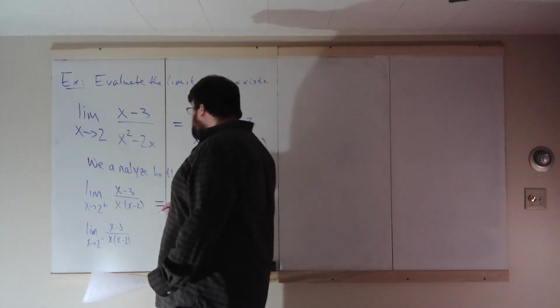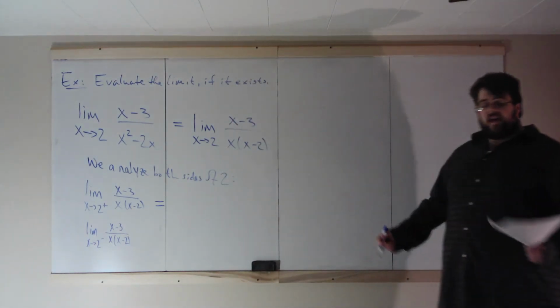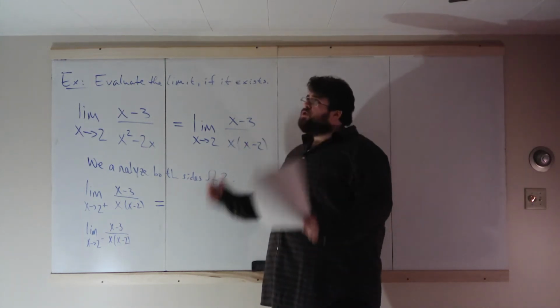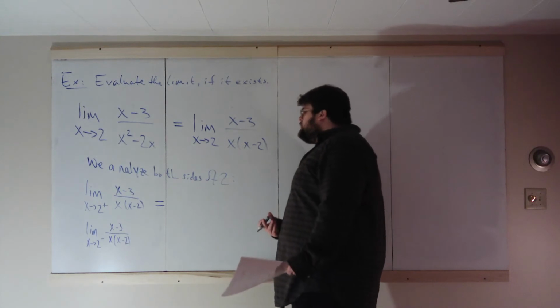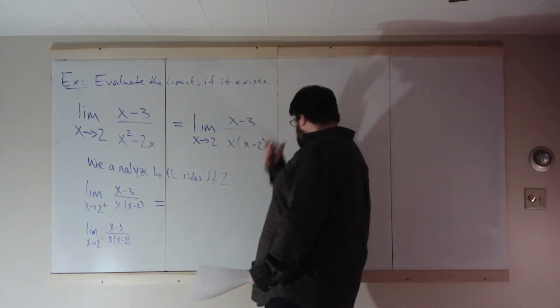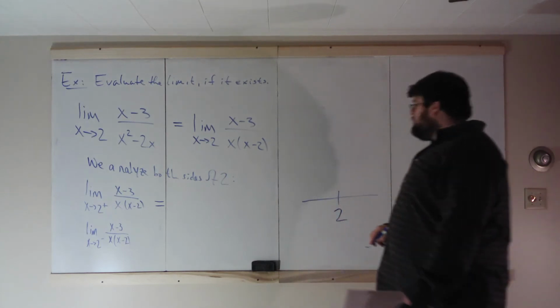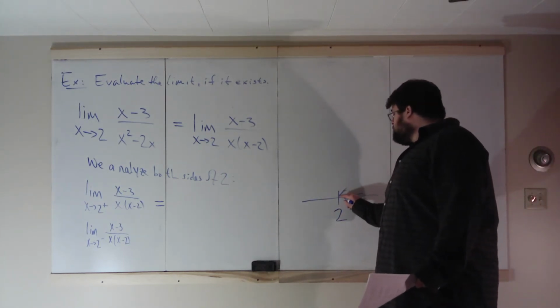And having the factored form is quite convenient for finding that sign. So I'm going to use math notation to my advantage here. What do I mean by that? Well, all we care about is the sign. And in this first limit, we're looking at the right of 2.